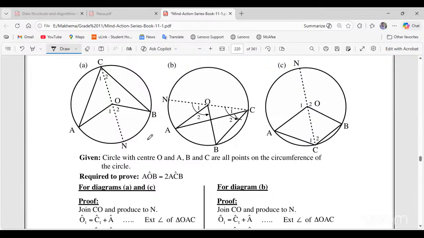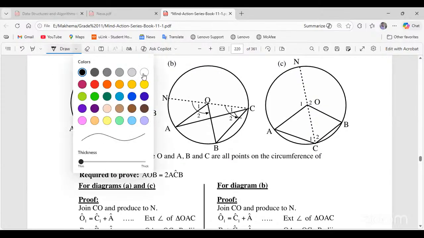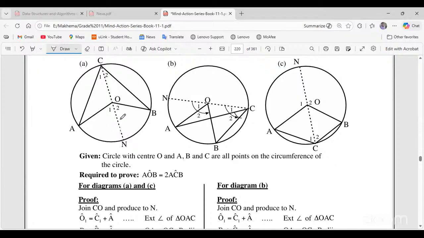What is the first thing to do? In the paper, you will just be given something like this, because you have to know these proofs.